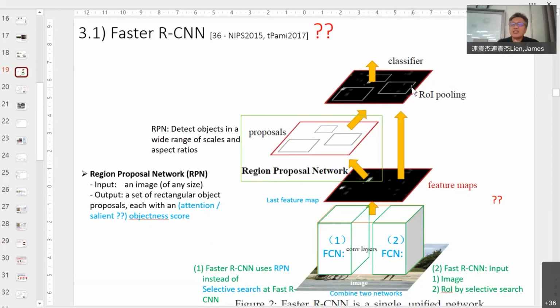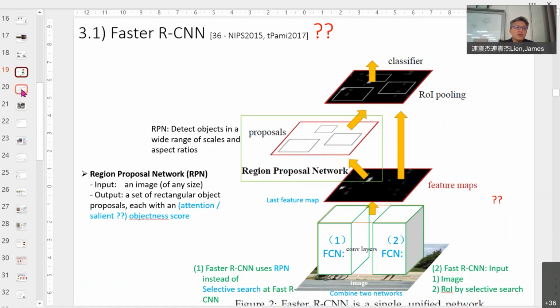They also do classification, but this classification has 20 classes, like cat, dog, people. In the RPN, there is also a classification, but it only classifies foreground and background, so it's different.